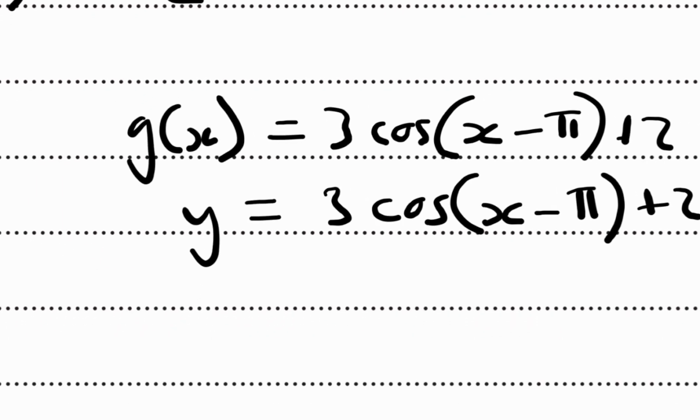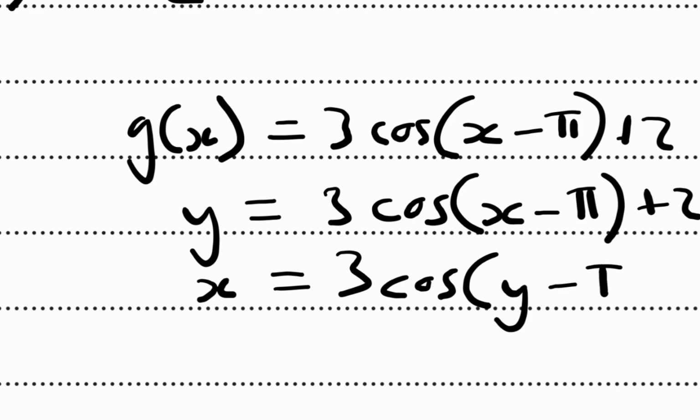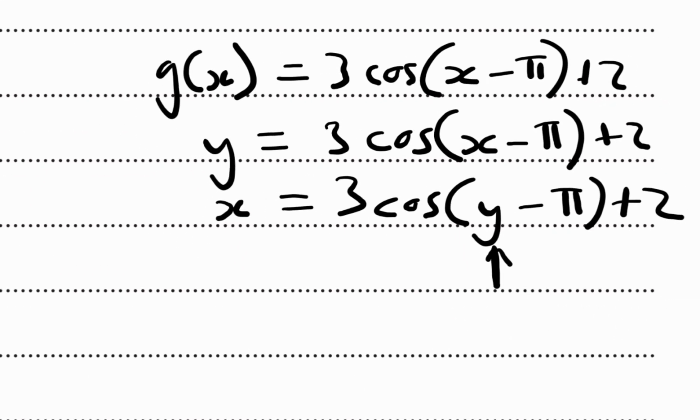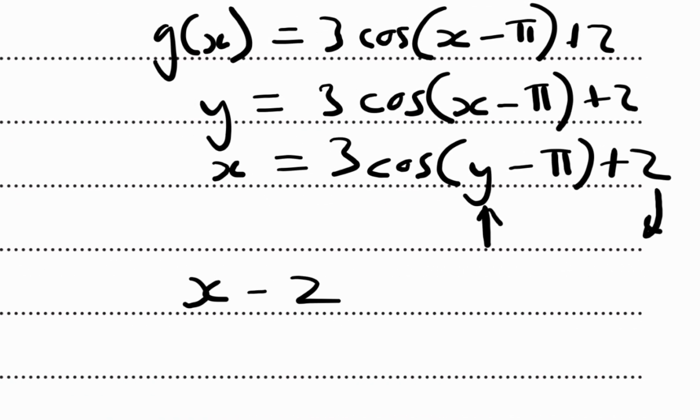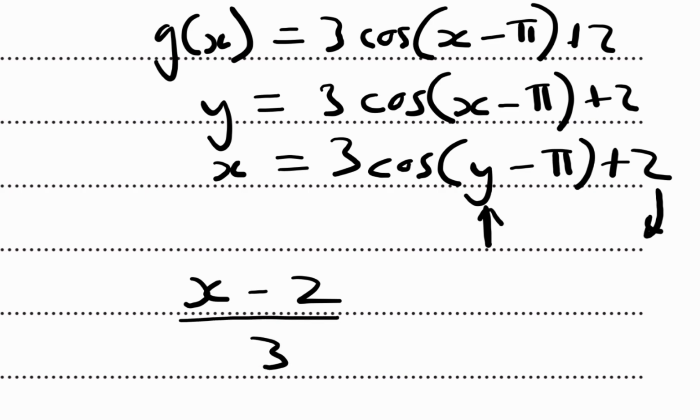Then we swap y and x around, so this will be x equal to 3 cos y minus pi plus 2. Then we make this y the subject. So making that y the subject, I'm going to move this 2 to the other side. It will be x minus 2. Then divide both sides by 3, so it's over 3, equal to cos y minus pi.